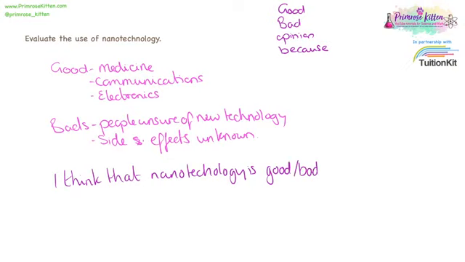And it really doesn't matter which one you pick, as long as you give a reason that matches your answer and you give a reason. You will not be able to access the top marks unless we start giving reasons. So 2 marks for each section.